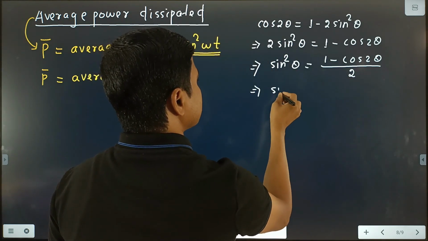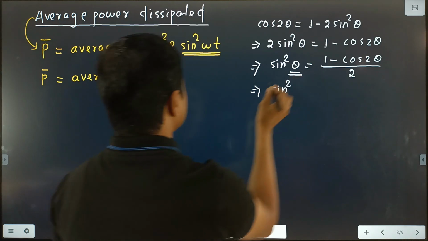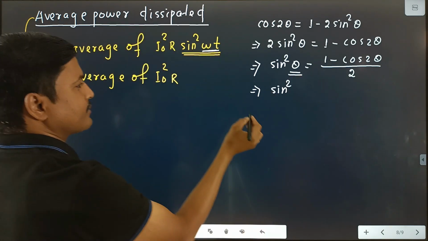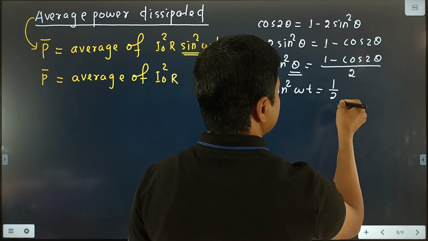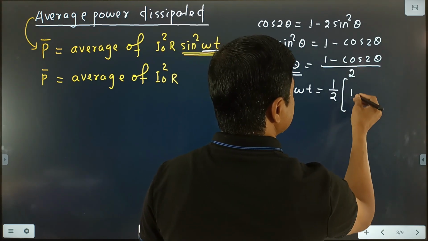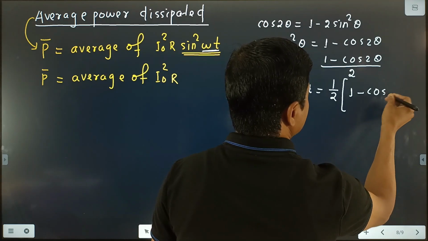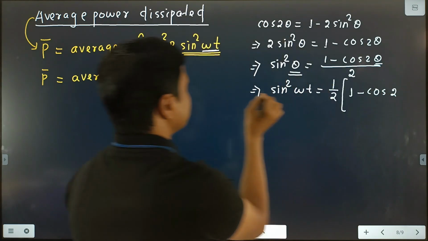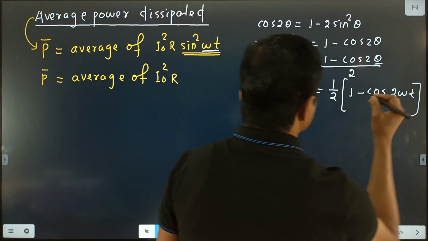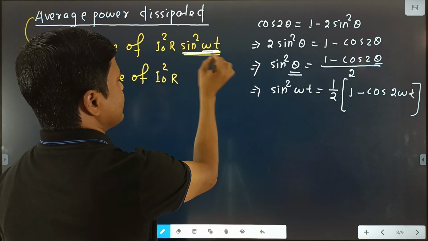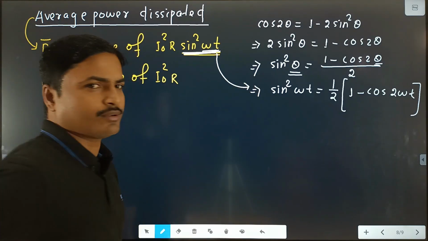That implies sin square omega t, in place of theta omega t is there, we take half as common, remaining is 1 minus cos twice omega t. That means in place of sin square omega t we write this equation. Clear?